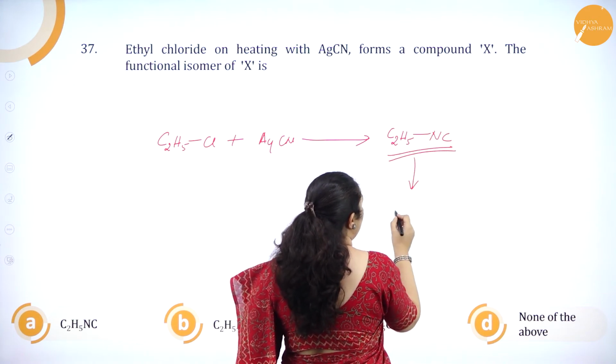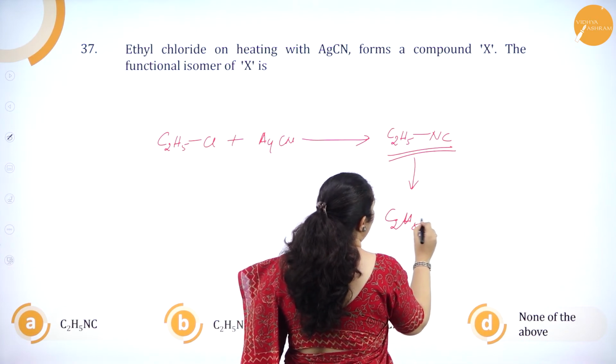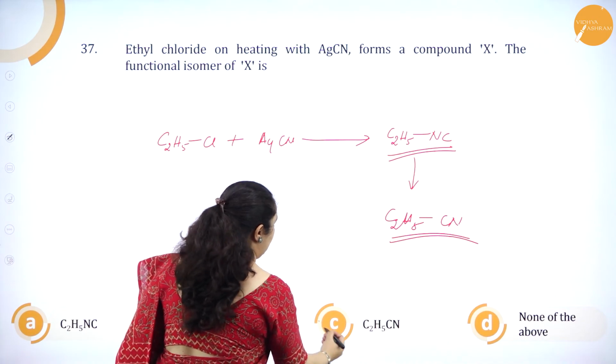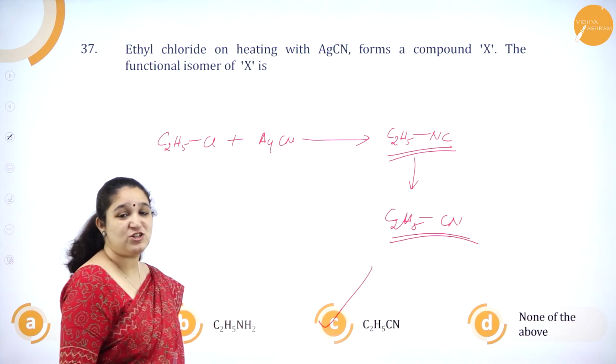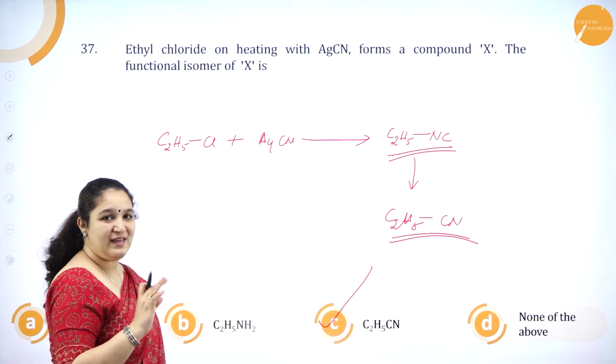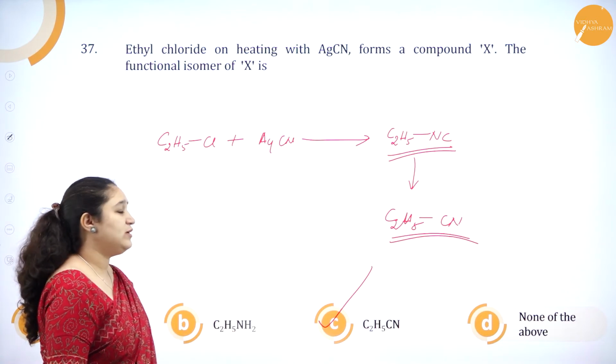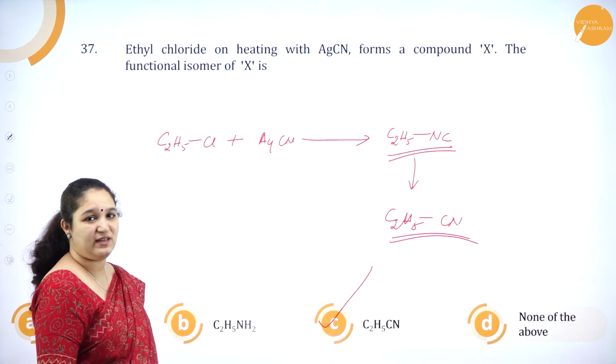This one's functional isomer is C2H5CN. Correct? So option C is the correct answer. Functional isomer, functional group wise, NC is isocyanide, CN is cyanide or nitrile group. Okay, so it is C2H5CN which is the correct answer.